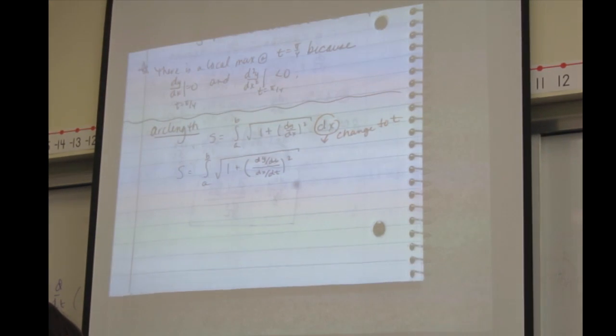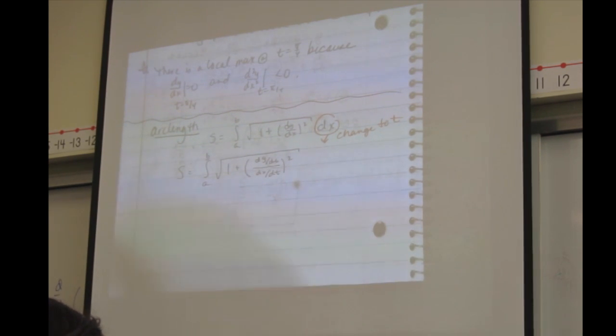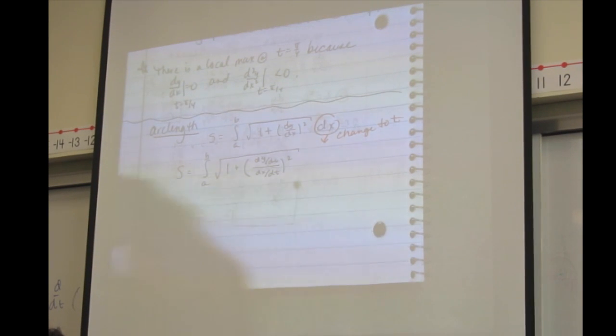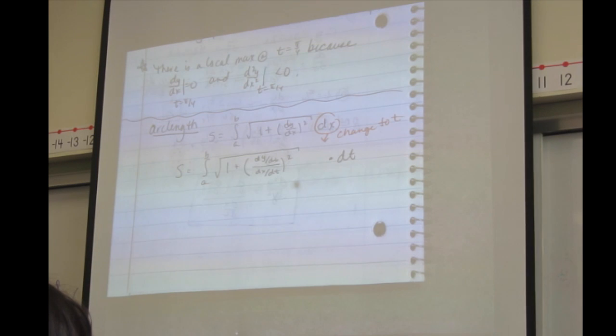You can't just change it to t, you actually have to do a chain rule on this to t. Okay, so I want to do a chain rule. How do I actually change this to get dt out of it? I want to end up with dt. Use your fraction powers. What do I multiply this by?